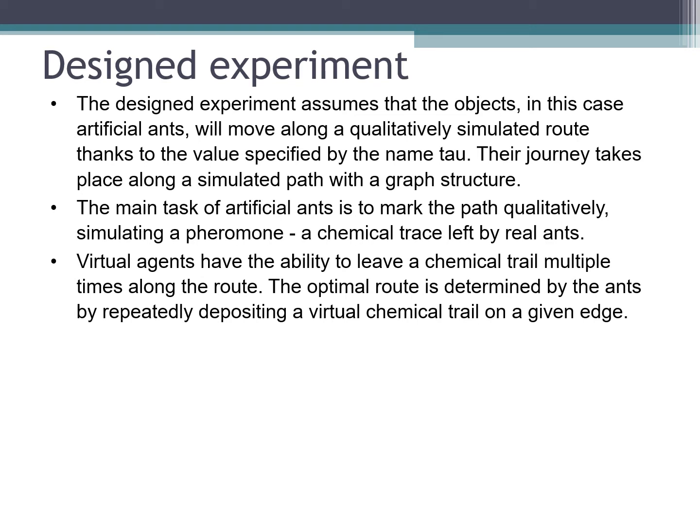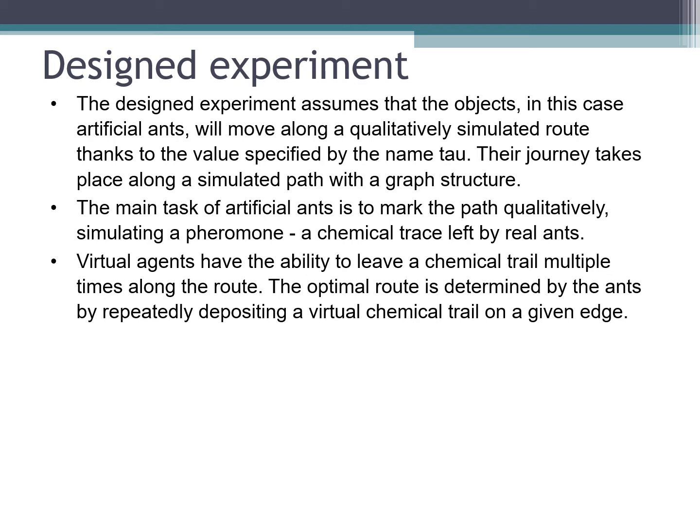The designed experiment assumes that the objects, in this case the artificial ants, will move along a qualitatively simulated route thanks to the value specified by the name tau, so thanks to the pheromone concentration. The journey takes place along a simulated path with a graph structure.